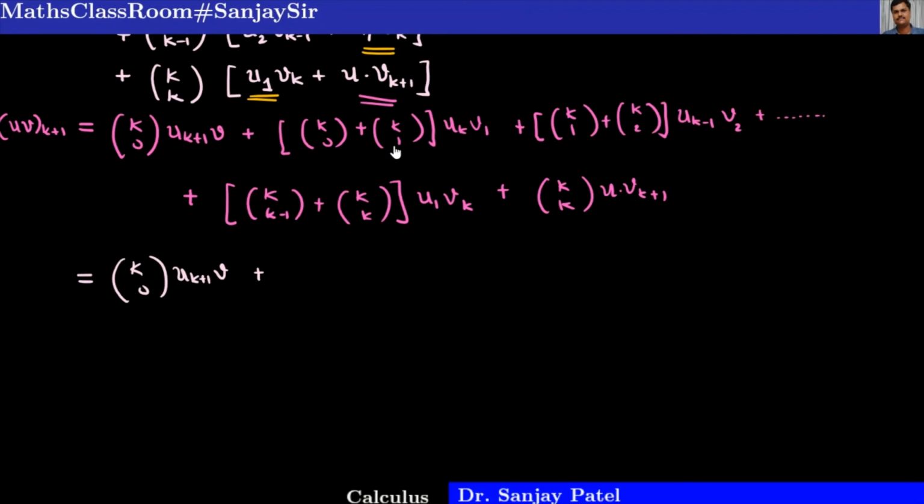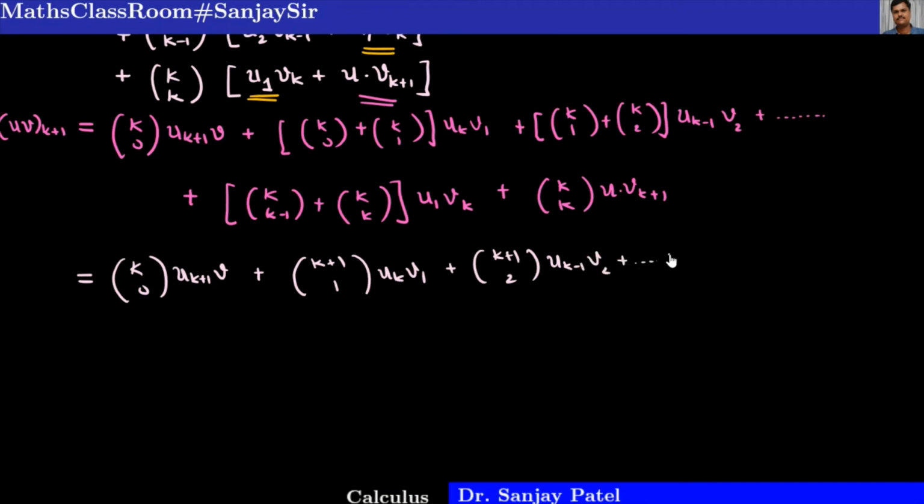Now kC0 plus kC1, there is a difference of 1 here in the values of r, and the n value is the same, that is k. So this will become k plus 1 C1, the maximum value of r is 1, into u^k into v1, plus again here the value of k is the same and the difference in the value of r is 1. So kC1 plus kC2 will be k plus 1 C2, into the multiplier u^(k-1) into v2.